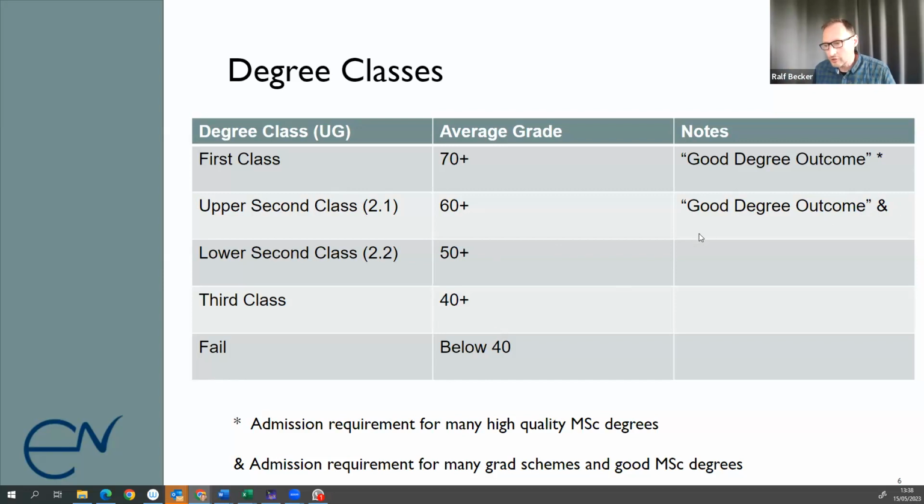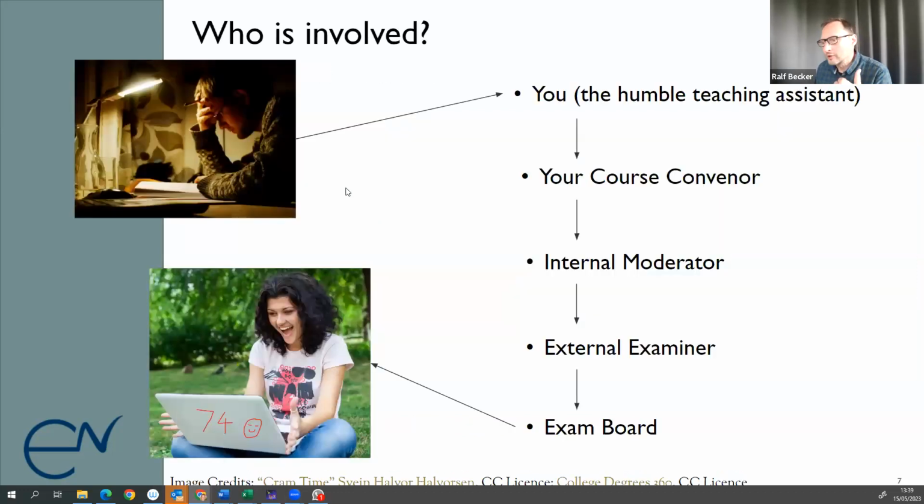For instance, if you want to go to a very top class, very high level MSc degree, most likely you will require a first these days. And even then you may not be guaranteed a place. Many admission criteria for grad schemes and other very good master's degrees will ask for a 2-1 at least. So that's also the background why often you will hear that a 2-1 and a first class is what's called a good degree outcome.